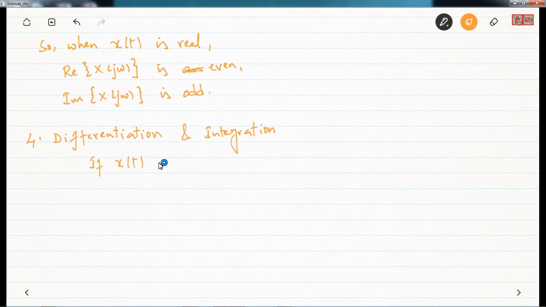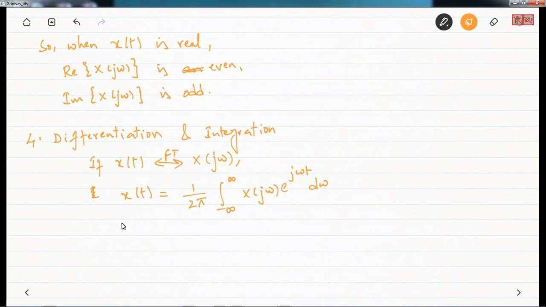So if x of t has Fourier transform X of j omega, then we can write x of t as 1 by 2 pi integral from minus infinity to plus infinity X of j omega e power j omega t d omega. See, all these properties we are deriving from the fundamental definition of Fourier transform. That's what is more important, right?